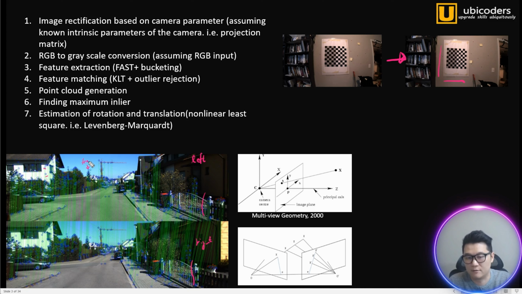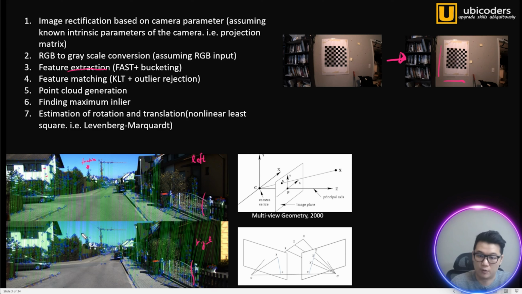There are several feature detection algorithms in OpenCV. I will not go over all the details of the feature extraction, but for now I just wanted to say these are the features, and the feature extraction step is required for visual odometry. That's because we want to match all these features on the right-hand side as well.